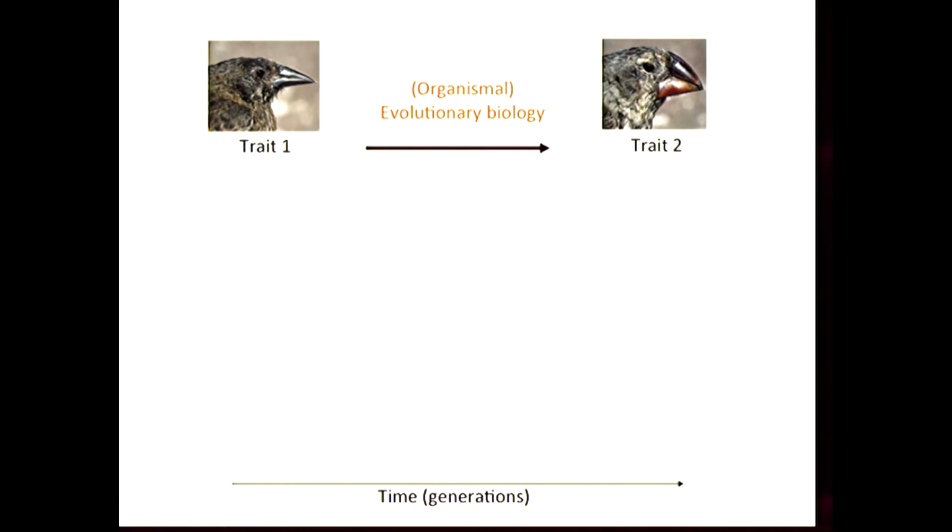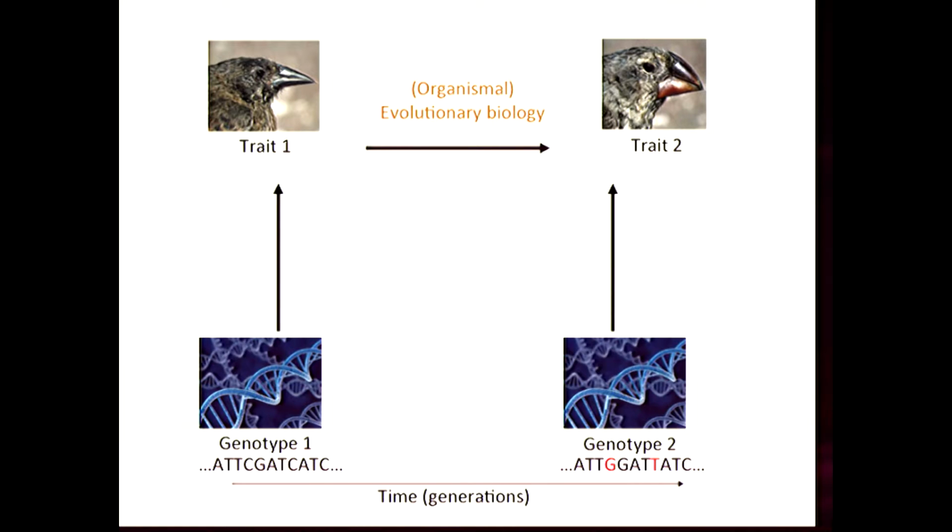The form that an organism takes, and this is true of all living things, is encoded by its DNA. This is a double helix representing DNA. DNA sequence is made up of 4 bases, A, T, G, and C, and changes in the composition of these sequences over time is actually what is causing the phenotypes or the traits to change.